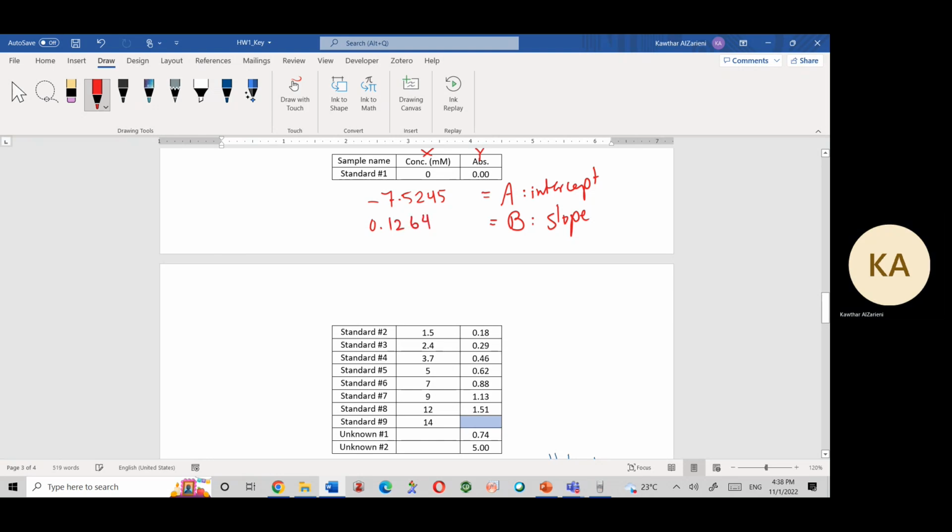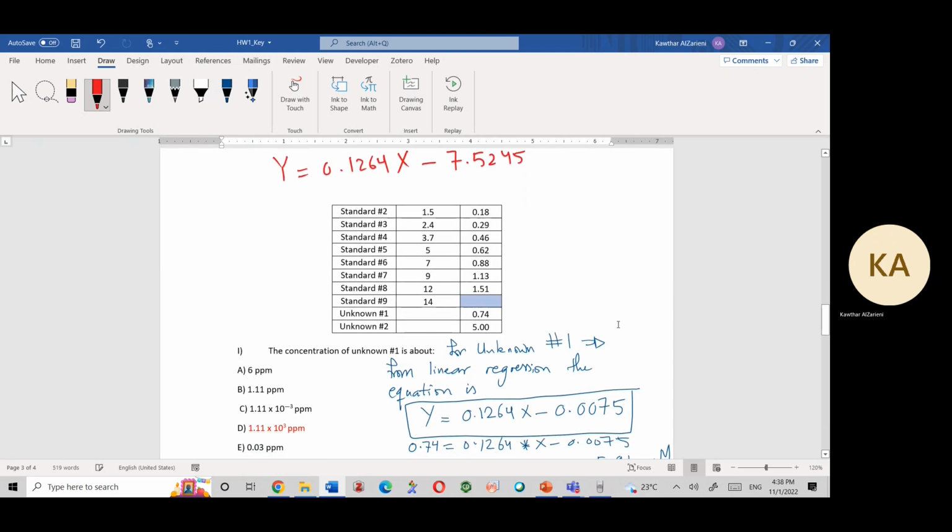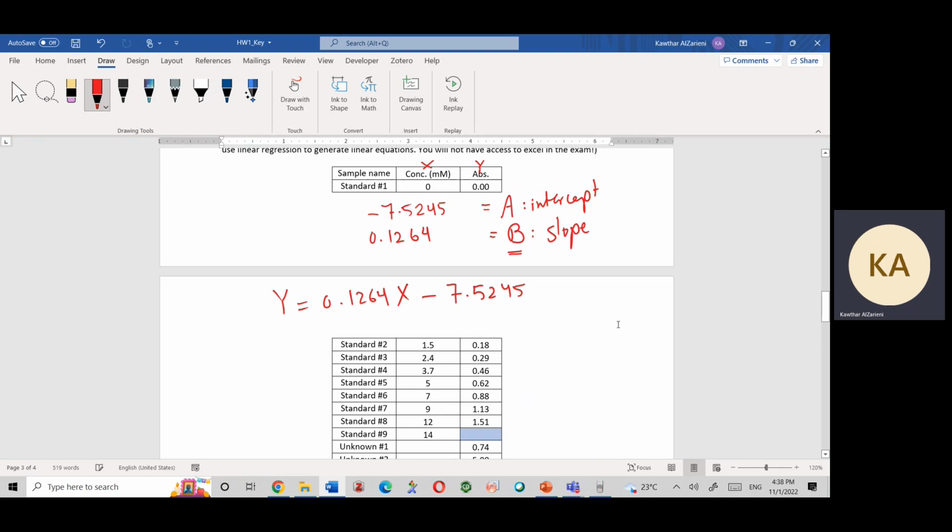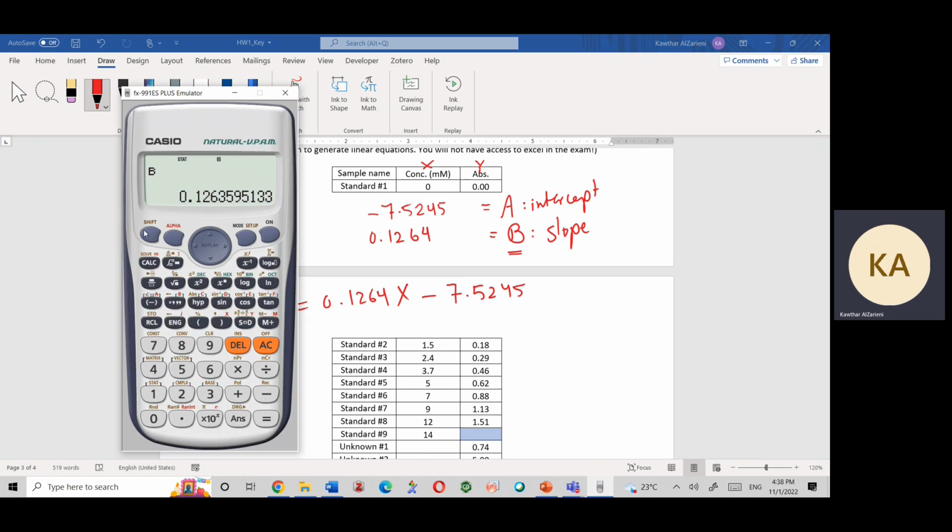Now I'm going to be able to construct a linear equation. So y equals the slope times x minus the intercept. I think the intercept was times 10 to the negative 4.